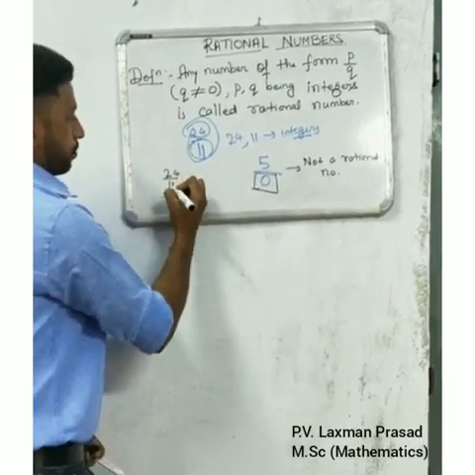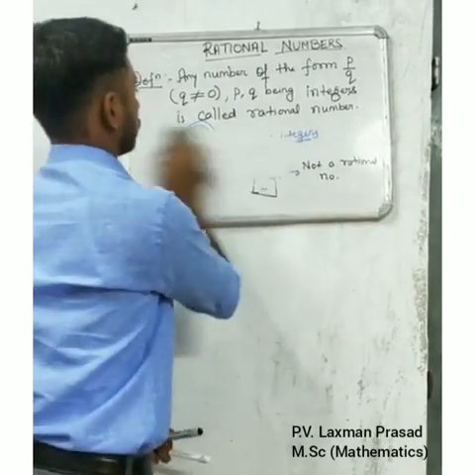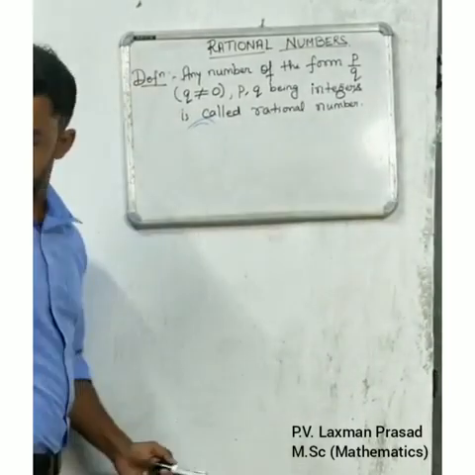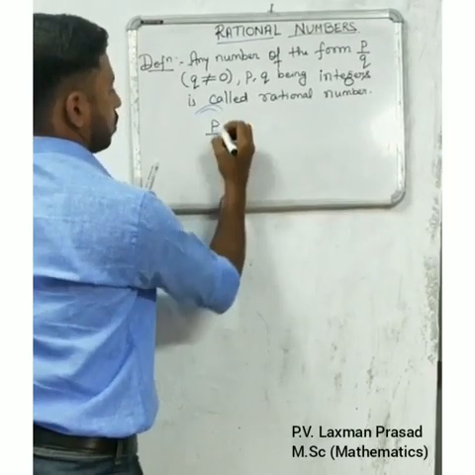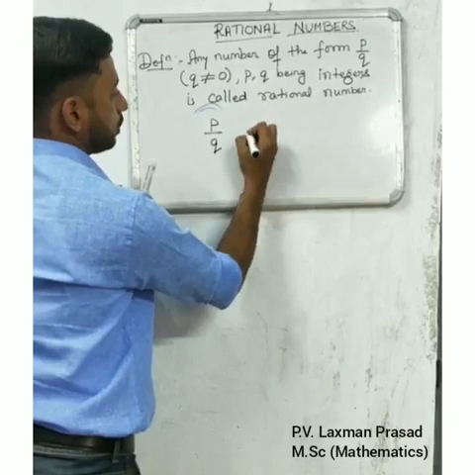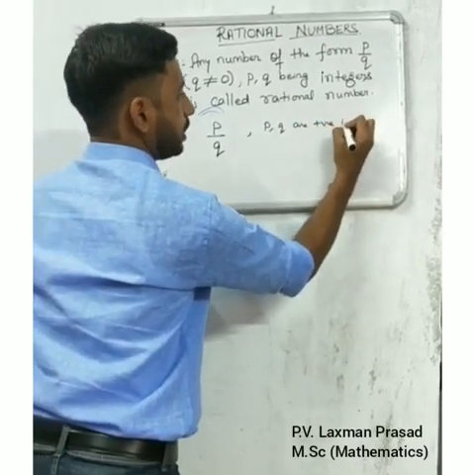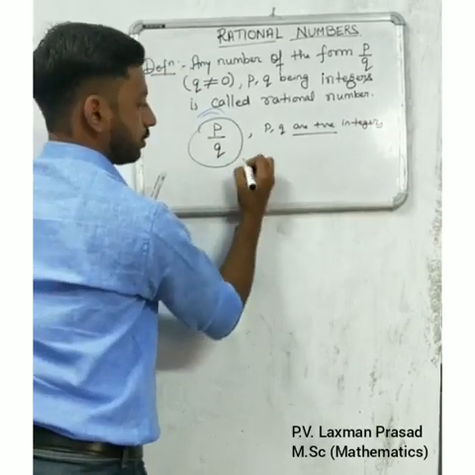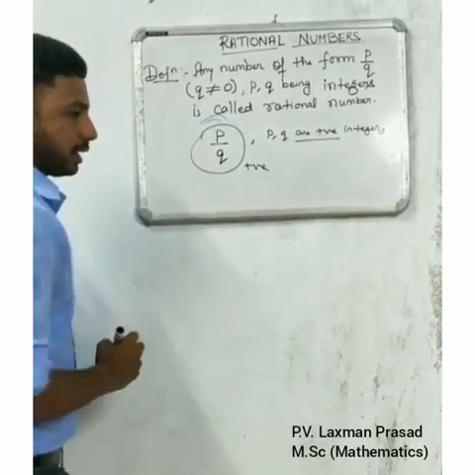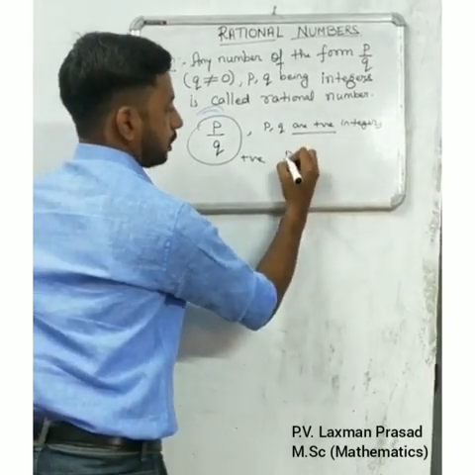Now, if in p by q both p and q are positive integers, definitely p by q will be positive. So in that case, p by q will be called a positive rational number.